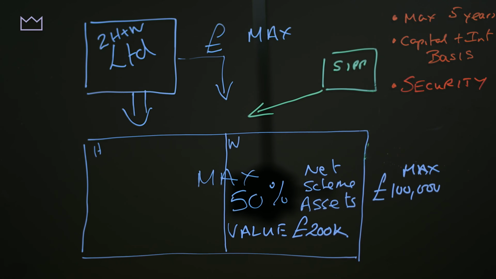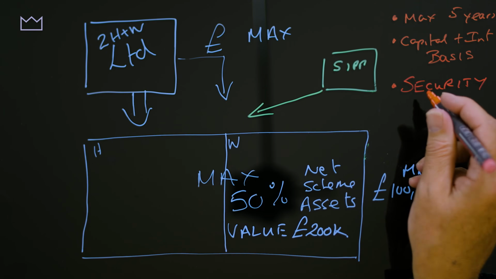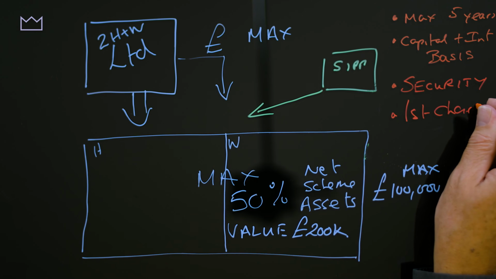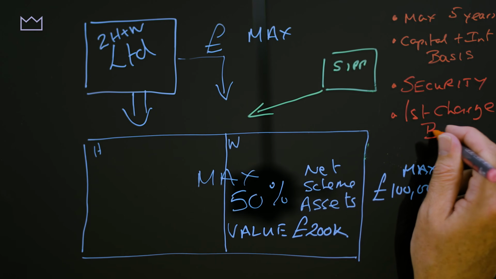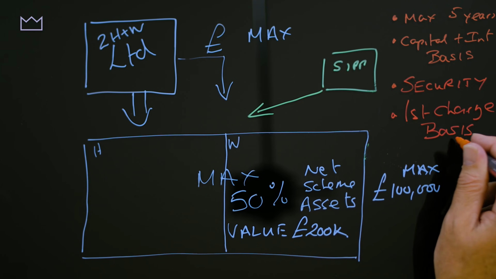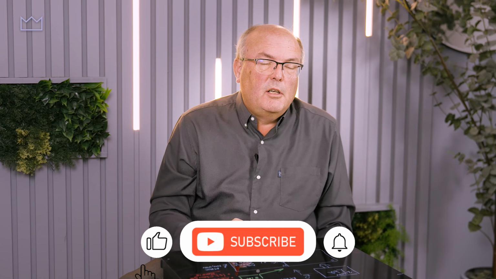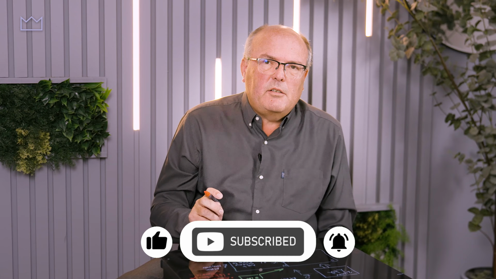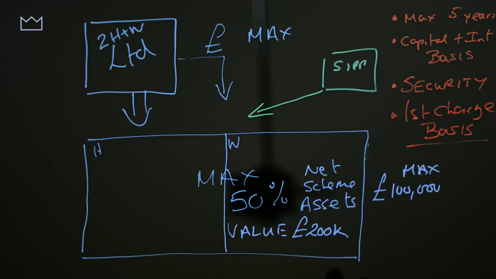And that security must be on a first charge basis. Nothing else will do. And it is also essential that the security offered to the pension scheme is to the value of the loan plus the interest. So it must be worth at that value or more.